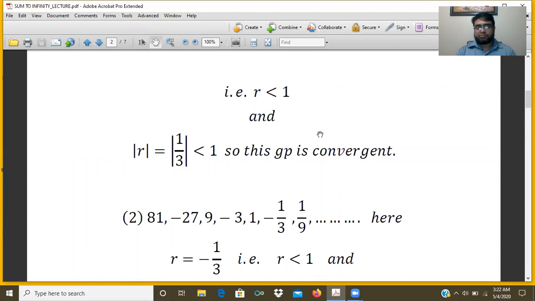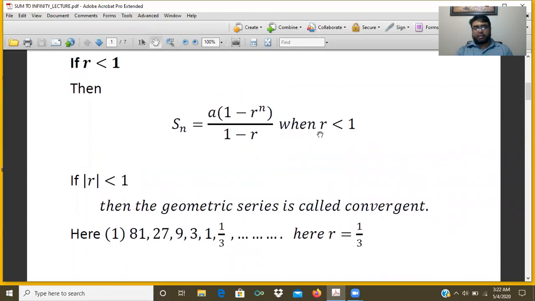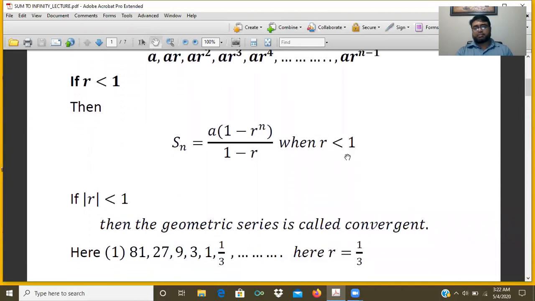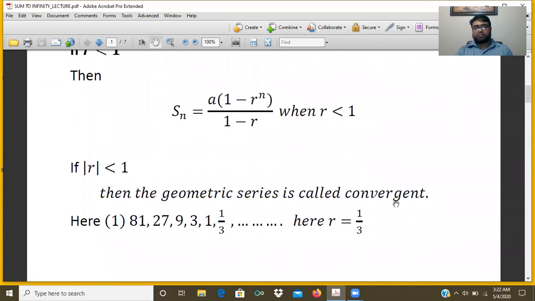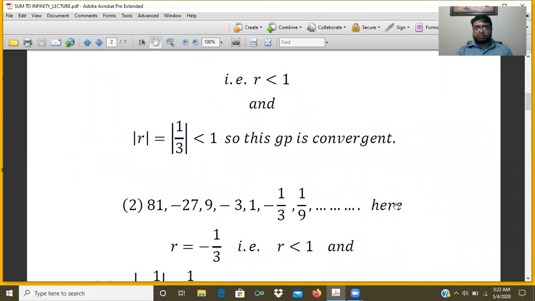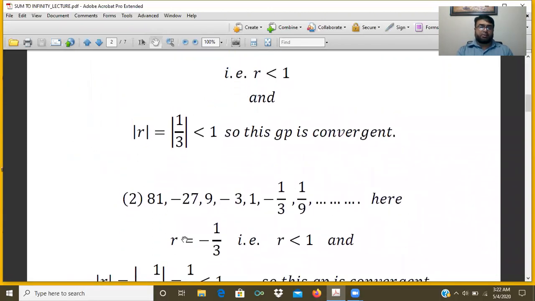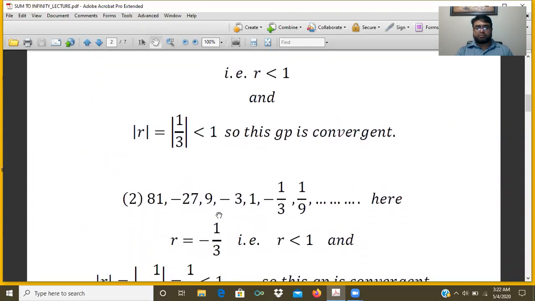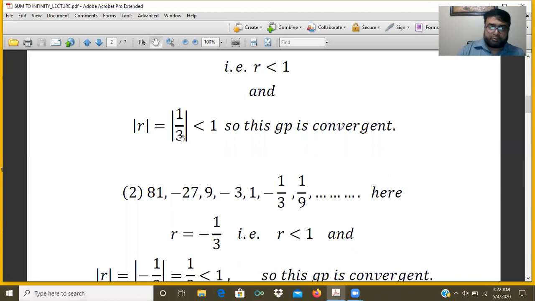So when the modulus of r is less than 1, the geometric progression is called a convergent series, or simply convergent. When you apply the modulus function on 1 by 3, the result is 1 by 3, and it is less than 1. So this GP is a convergent series.